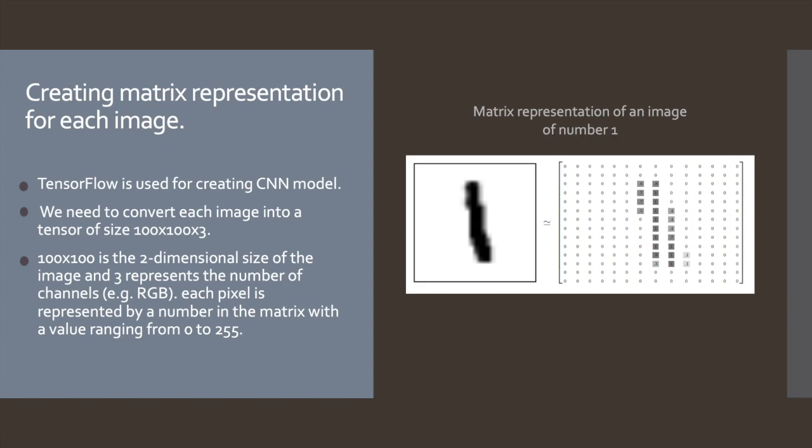Each image is converted into a matrix representation with numbers ranging from 0 to 255. 0 represents a white pixel and 255 represents the highest shade of the color. In the image on the right hand side, black is the highest shade and the matrix is representing higher number of darker parts of the image.